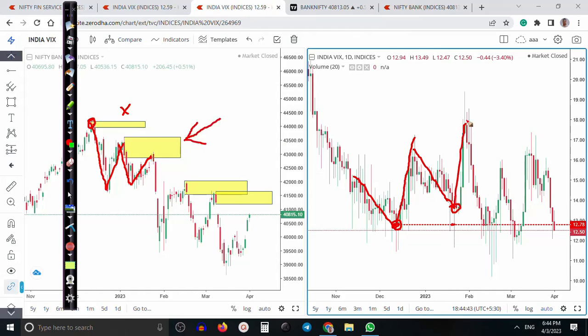When VIX again goes up and reaches that level, near 12, price starts falling from this area.